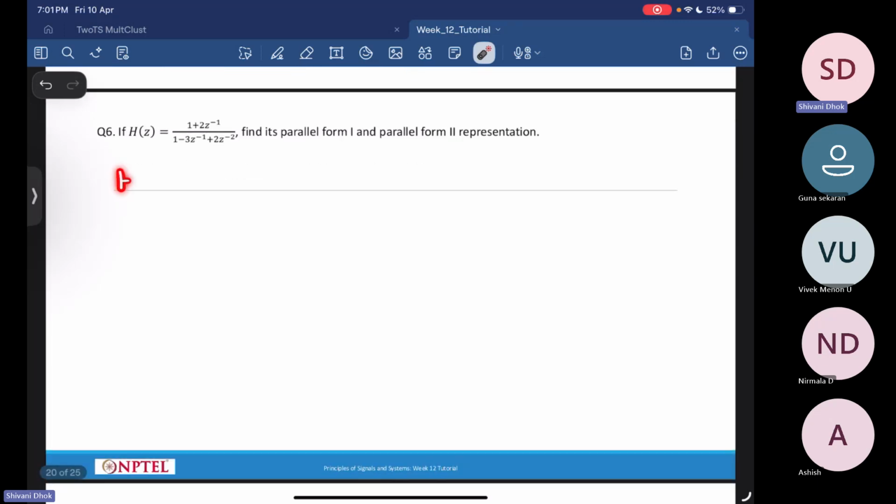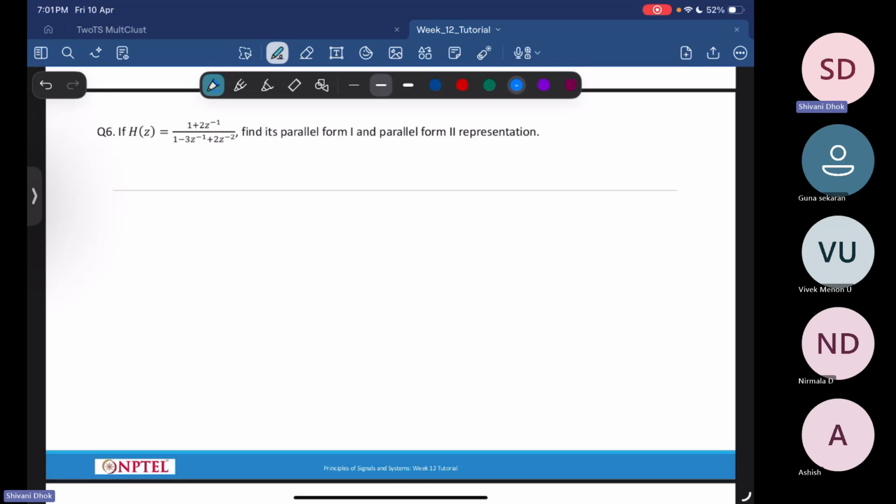So you have H of z. First I'll do parallel form 1. So we have H of z, which is equal to 1 plus 2z inverse upon.